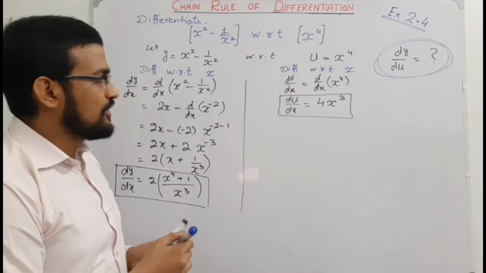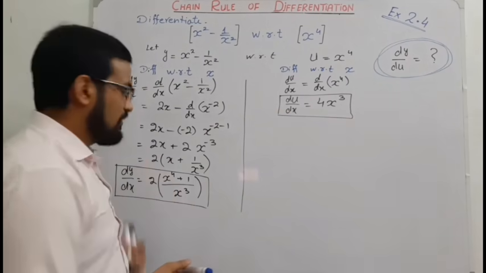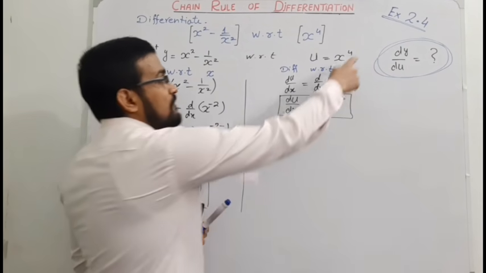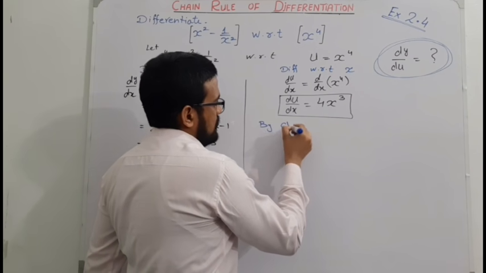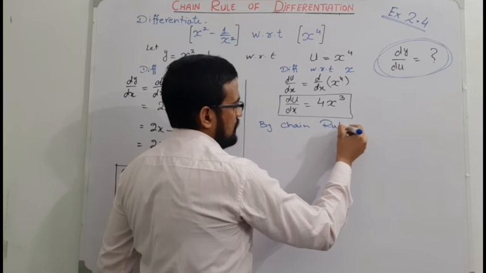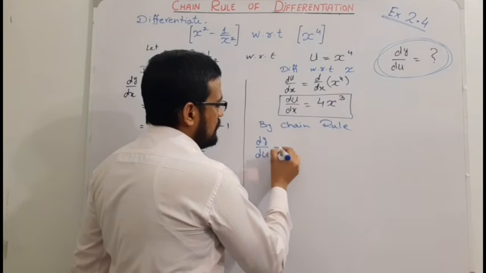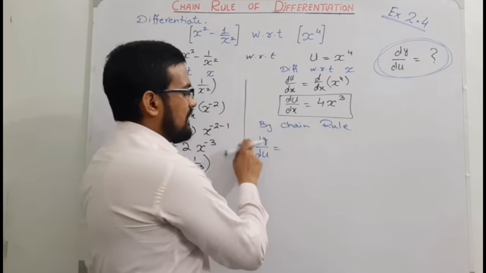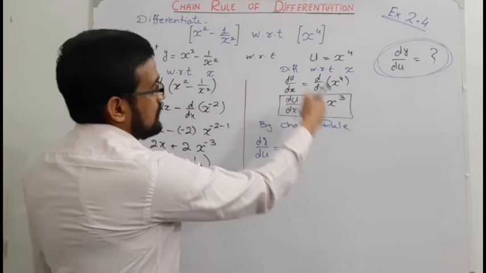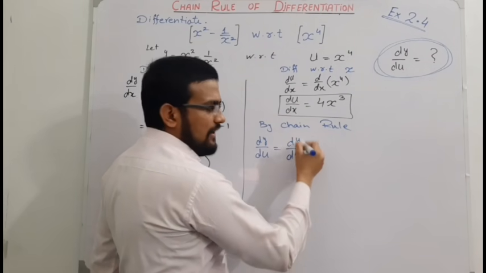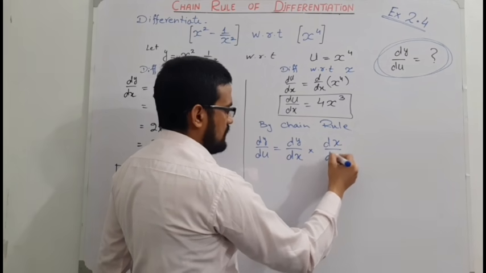So by the chain rule, dy over du is equal to dy over dx multiplied by dx over du.